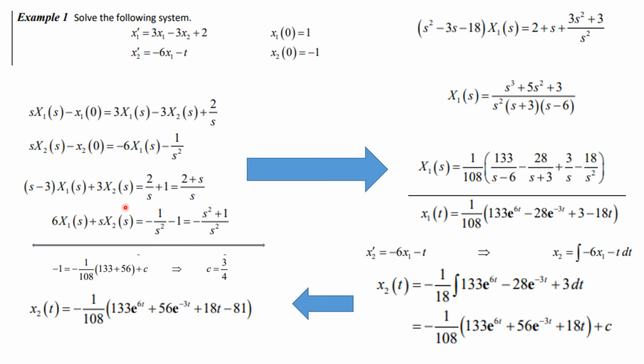So you see, if I multiply the top equation by s all the way through and the bottom equation by -3 and add them, I would eliminate X2 of s from these equations. And that's what I do over here.